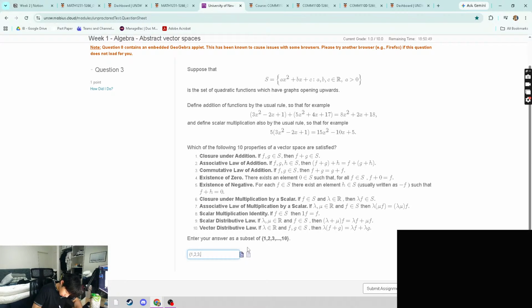What's something that we could spot? We can spot the existence of a negative, something that tries to cancel it. Well, no, 5 doesn't work, because a is always larger than 0, so there is no negative for a.